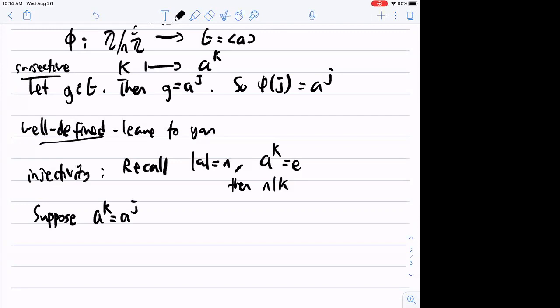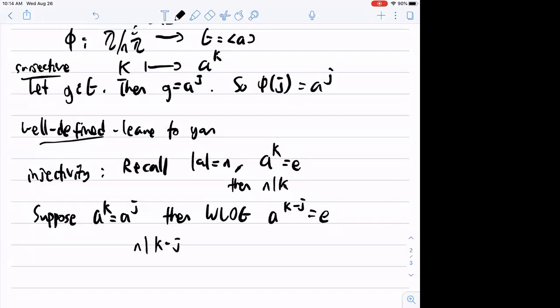We need to show k is equal to j in Z mod nZ. Then, multiplying by a to the negative j on both sides, a to the k minus j is e.